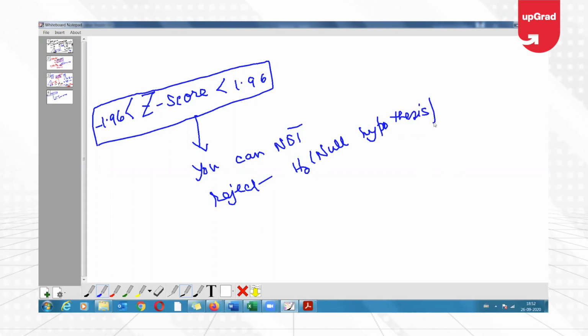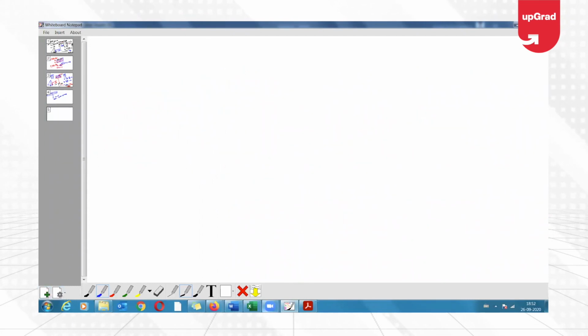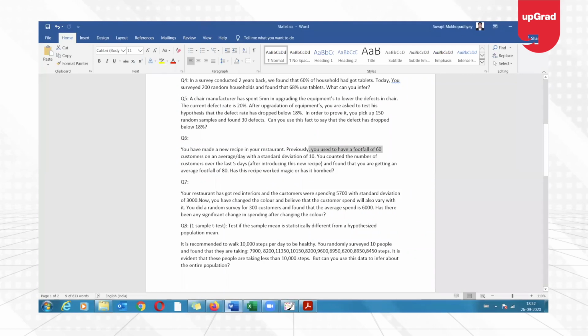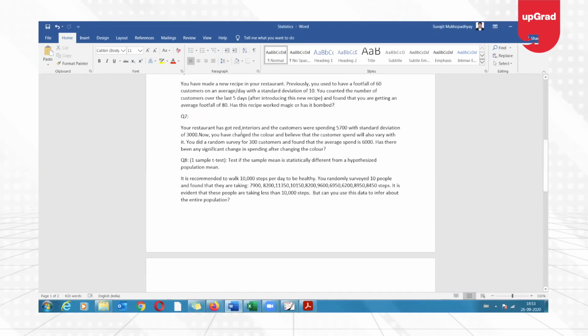And if the z-score is greater than 1.96 or lesser than minus 1.96, then you can reject the null hypothesis. So now let's quickly do one more problem, our last problem in z-test, just to recap our concepts. After this, we'll move on to t-test.